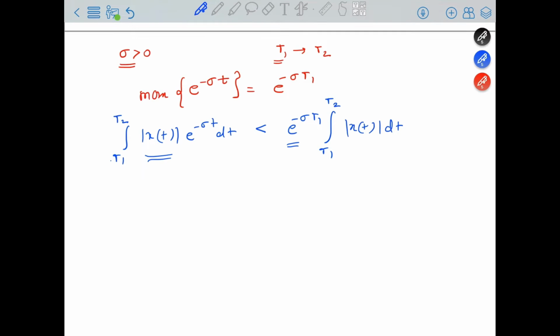And as we have seen that this is a bounded signal, so we have this as bounded. We have already seen that this is absolutely integrable. So the region of real part of s greater than 0 must also be in the ROC.